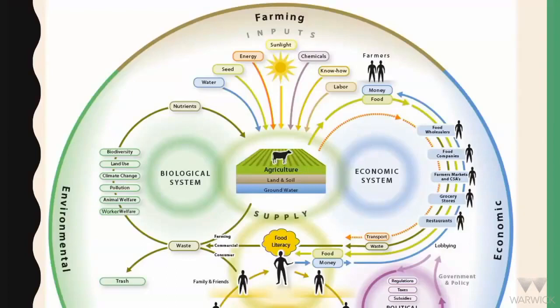And just to point out how this fits into the logic of the module, you will, of course, recall this diagram as an example of a food system map, and therefore as food system thinking. We've got the economic system. Down here there's the social system, the political system. Here we've got what's termed in this case as a biological system, but this could be the kind of environmental system.